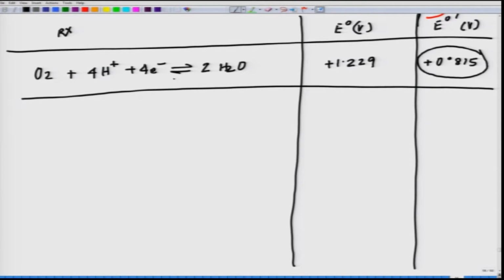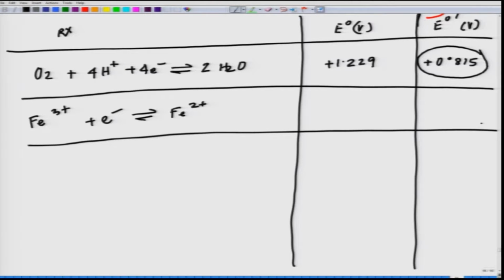Now, take a simple one, Fe3 plus plus electron, getting reduced to Fe2 plus. In that situation the value is 0.771 as well as 0.771. Now, you realize both are the same. Why?